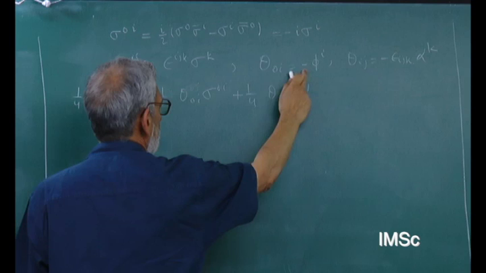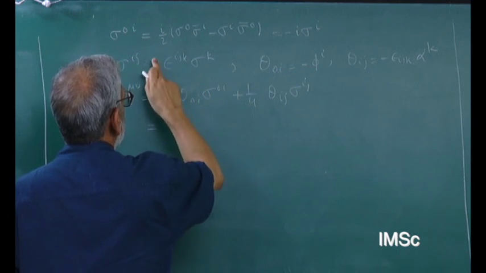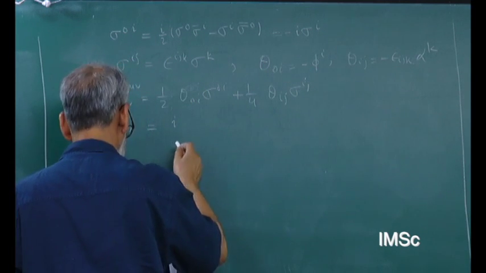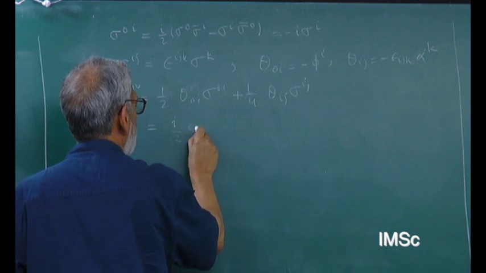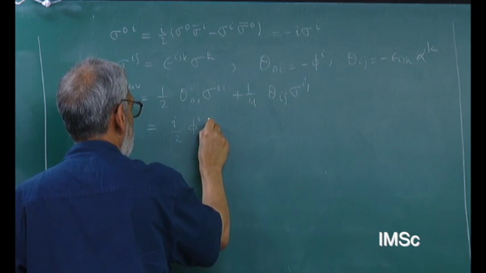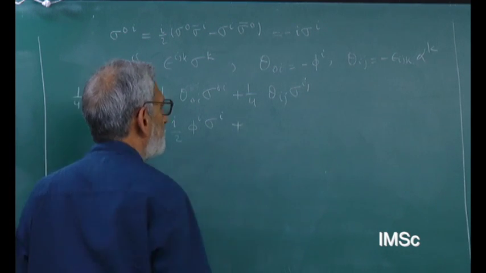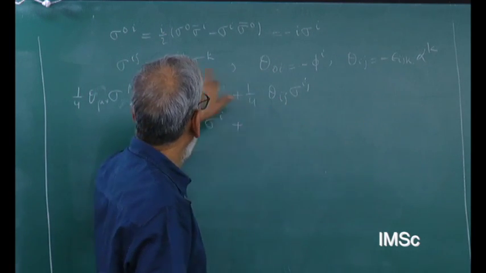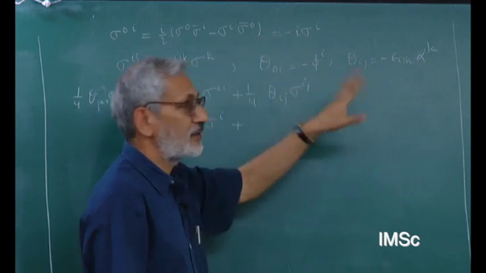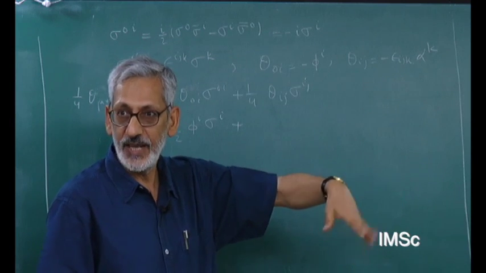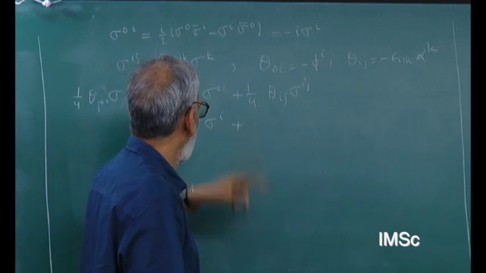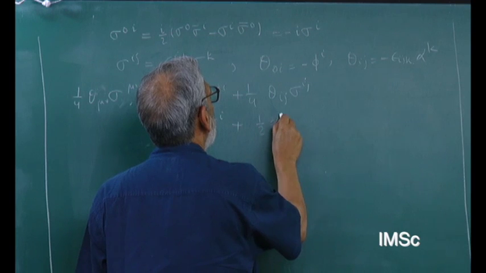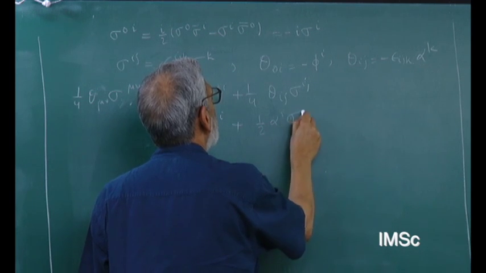This object is minus phi I, this is alpha I, so that gives me i/2 alpha I sigma I. Put this in it and this in it. There are two epsilons, contract them, that will give you a factor of 2. 1/4 will become 2, and then it is 1/2 alpha I sigma I.